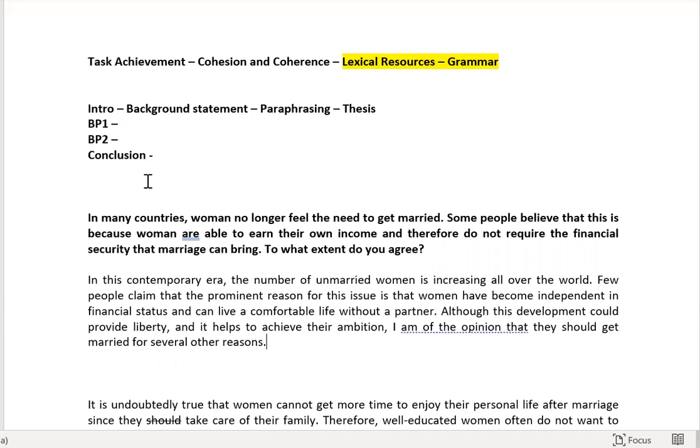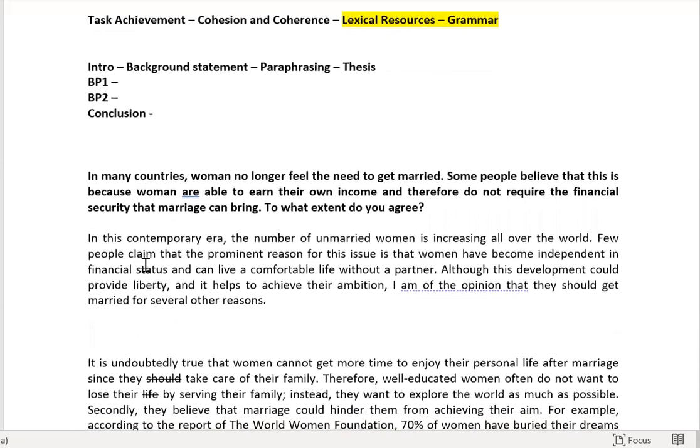Let's go to the introduction. In this contemporary, the number of unmarried women is increasing all over the world. So this guy has written a background statement, because in many countries women no longer feel the need to get married. Some people believe. So this is just a background statement, because your question has two portions.